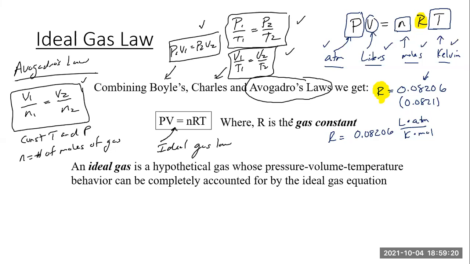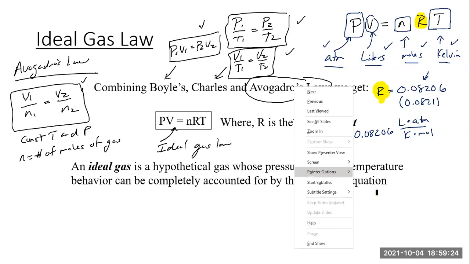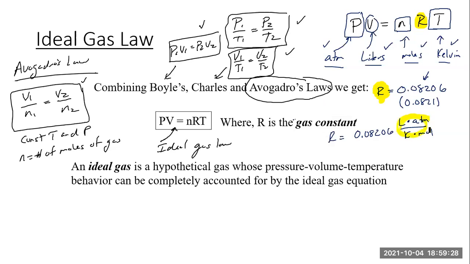The other good news is, if you for some reason can't remember what units everybody should be in, and you have the value of R given to you, which you most likely will, you could just simply look at the units there, and then you will know every unit that everybody else needs to be in. We use this, as you can see, to solve for anything that's there.